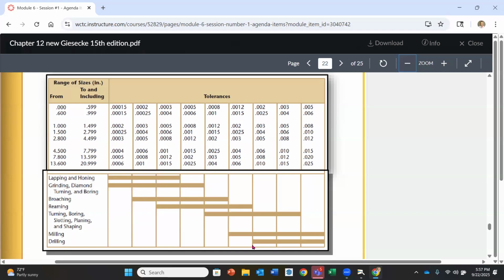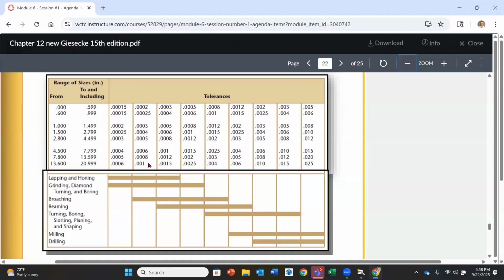If we go all the way over to the right and look at the sizes here, you're going to notice that these numbers on the right-hand side of our chart, 10 thousandths, 20 thousandths of an inch, are larger than the sizes that we see at the left side of the chart. If we look at the top manufacturing processes here, these have to do with lapping, honing, grinding, broaching, reaming. These are going to hold very small tolerances. So if we're specifying things to 4 and 5 decimal places, we're hanging out on the left-hand side here.